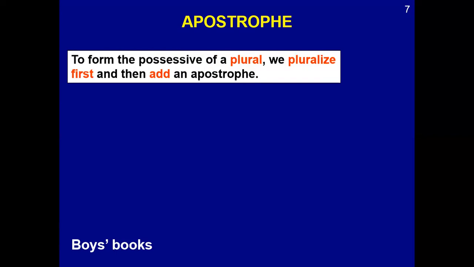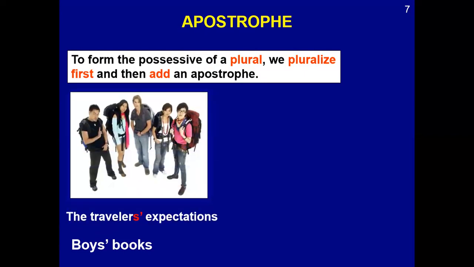To form the possessive of a plural, we pluralize first and then add an apostrophe. Again, when you talk about any singular which you are going to use as a plural, first you have to pluralize, like the travelers' . We are not talking about a single traveler; we are talking about more than one traveler. In the same way, we have the second one, boys'. We are not talking about one boy; we are talking about more than one boy.